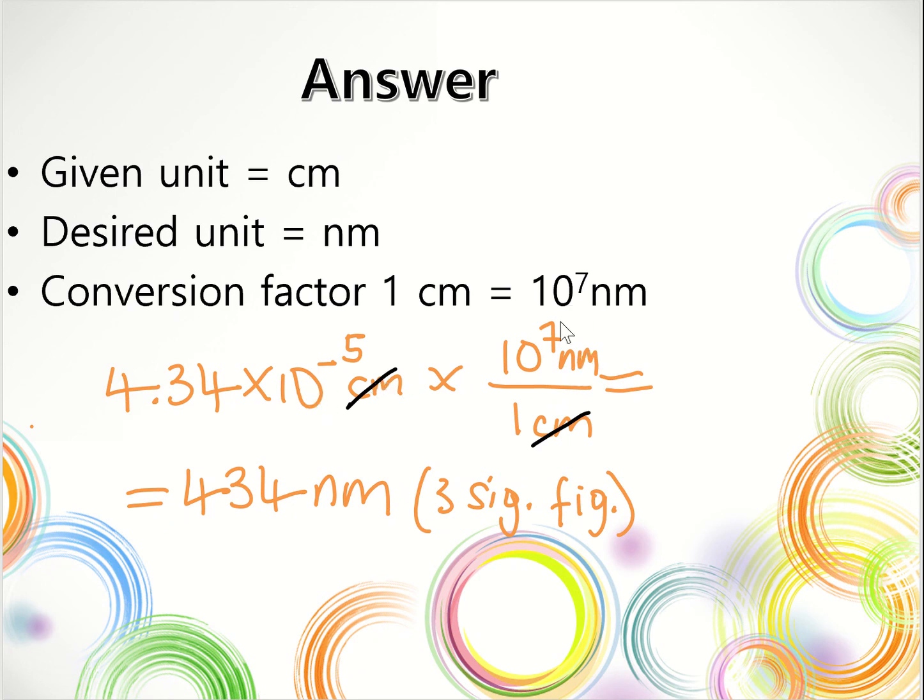Of course, we have our desired unit here as the numerator. Once we do this calculation, we get 434 nanometers, which has 3 significant figures, 1, 2, 3 here, and we keep the same significant figures in the product.